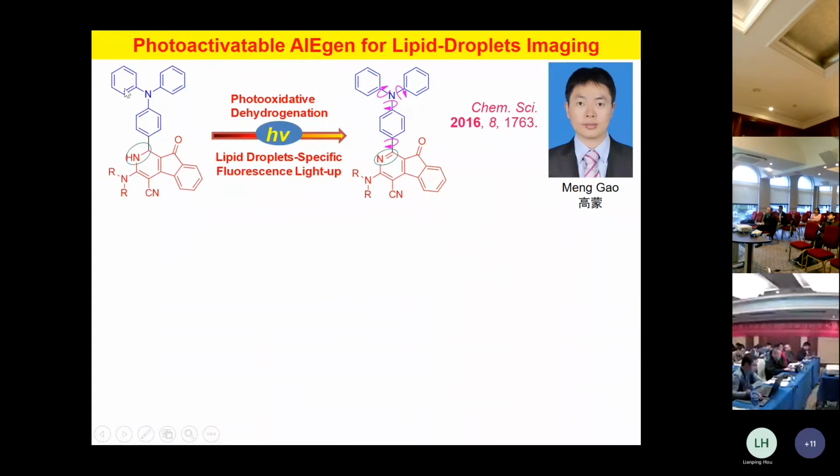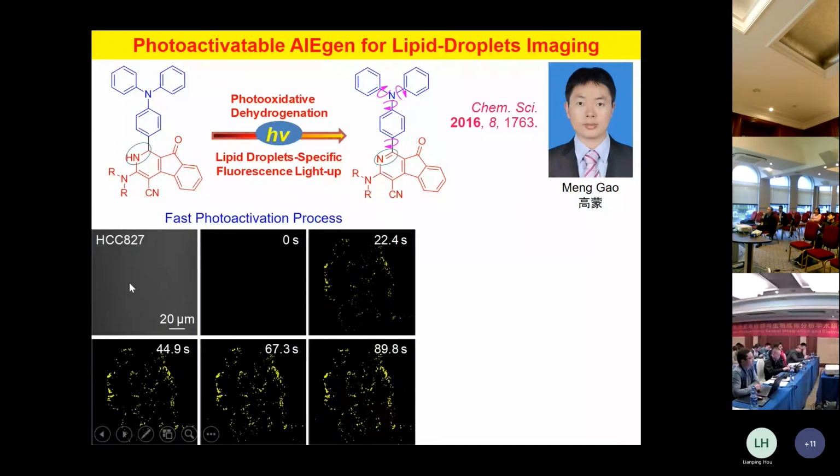We can also have this so-called photoactivatable AIEgen. You can see this molecule initially is not emissive. However, if you irradiate, it will undergo photooxidative dehydrogenation, so this will become conjugated and the emission turns on. Initially, without irradiation, no emission. But once you irradiate for about 20 seconds, the emission turns on.